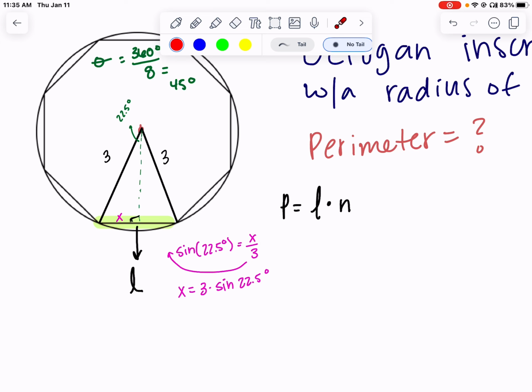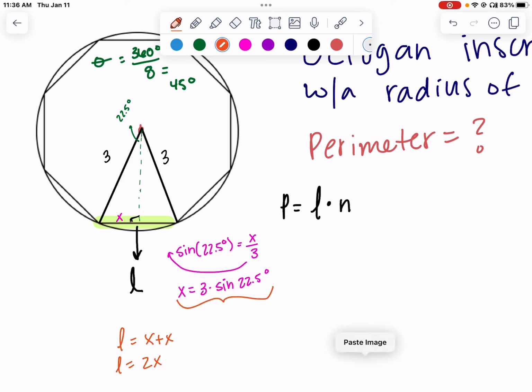But it was an isosceles, so this is perfectly split in half. So L is going to be equal to double X. L is going to be equal to x plus x, or L is equal to 2x. So I'm going to take this quantity and double it in order to get L. L is going to be equal to 2 times 3 times the sine of 22.5 degrees.